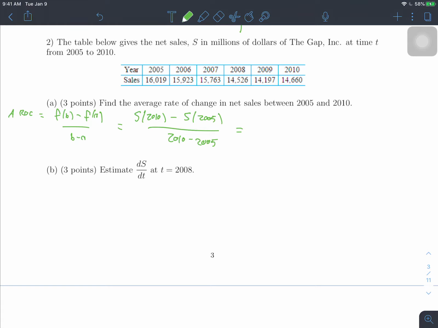And so that's going to be 14,660, and we will subtract 16,019, and we'll divide that number by 5. And we get negative 271.8.